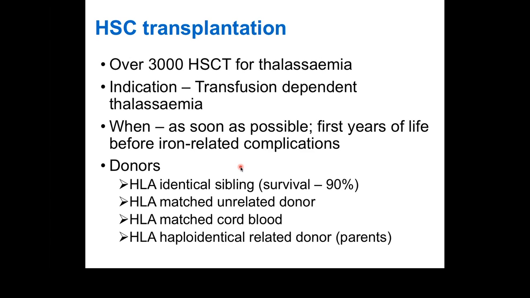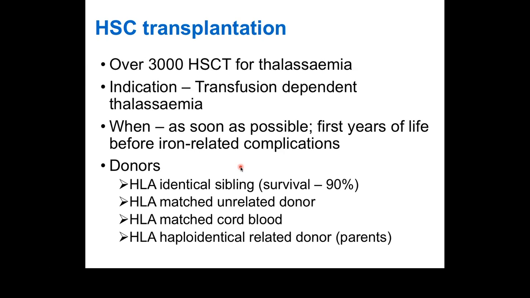The problem with bone marrow transplantation is the lack of donors. Even if you have money, you will not be able to undergo a bone marrow transplantation if you don't have a suitable donor. The best donor is an HLA identical sibling donor. If you have an HLA matched sibling donor, survival is more than 90%.